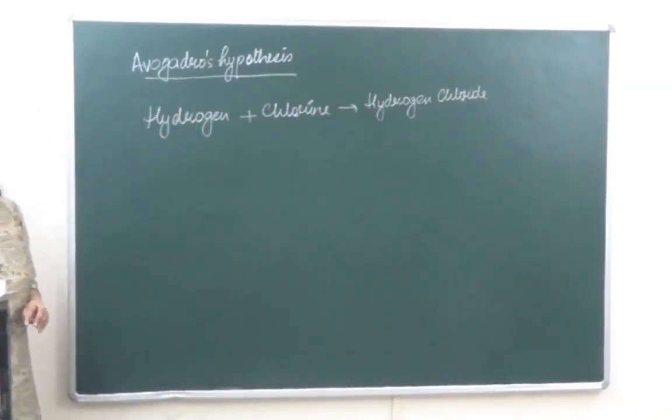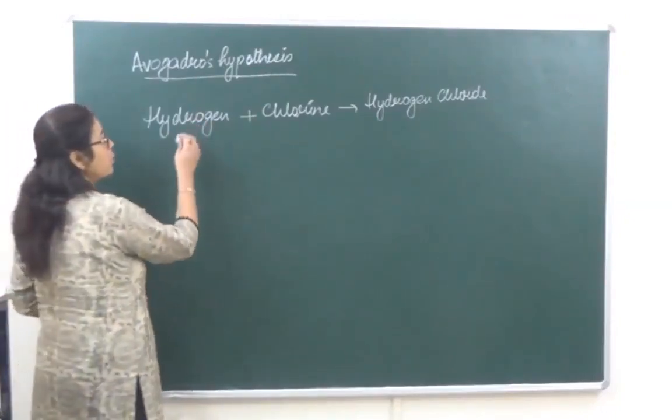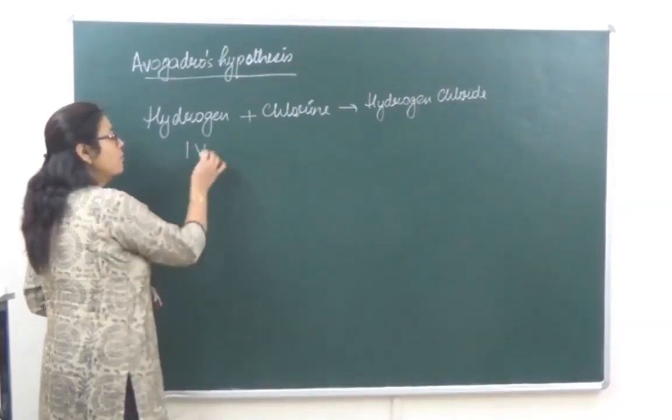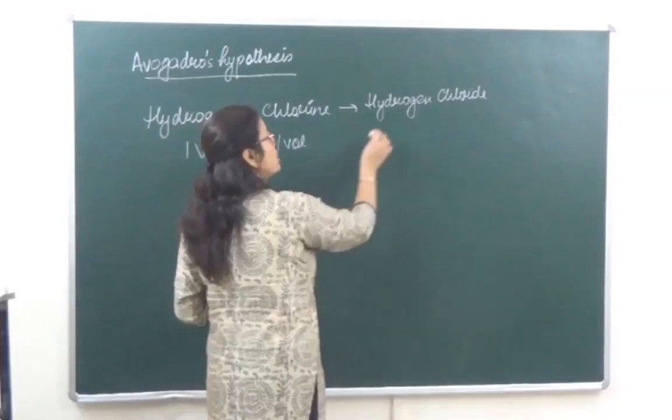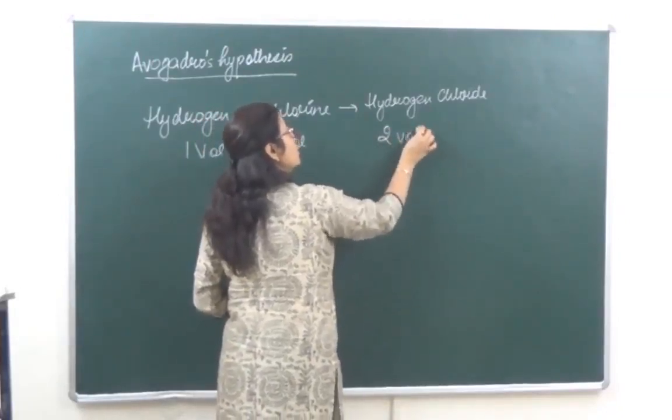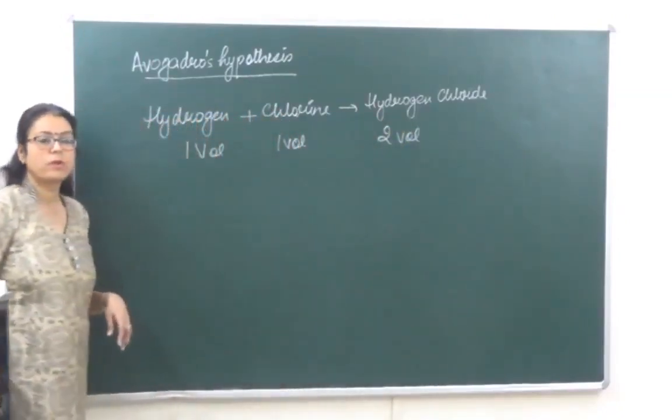So hydrogen and chlorine to give hydrogen chloride. According to Gay-Lussac's, one volume of this is combining with one volume of this to give us two volumes of hydrogen chloride.